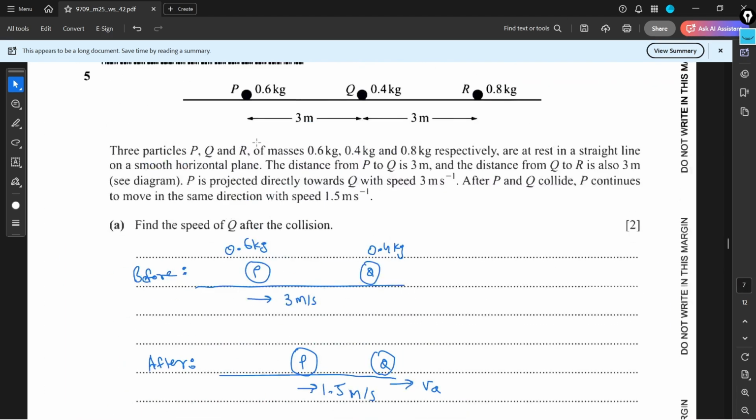Now, once P and Q are both at this particular position, Q is now going to start moving towards the right hand direction and also P moves in the same direction. So the second thing that I'm interested in is the time taken for the particle Q to travel this 3 meters before it hits the particle R. Now for this I'll need to know the velocity at which Q is moving towards the right hand side.